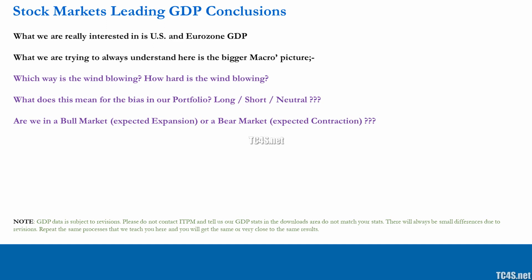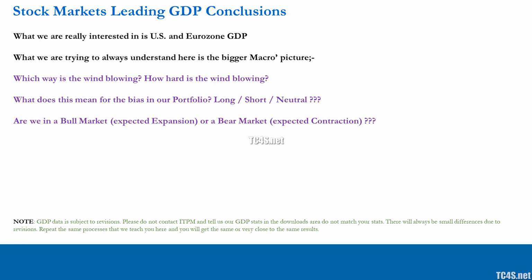We're always asking ourselves the question, which way is the wind blowing? And asking ourselves the question, how hard is the wind blowing? What does this mean for the bias in our portfolio? Should we be long? Should we be short?